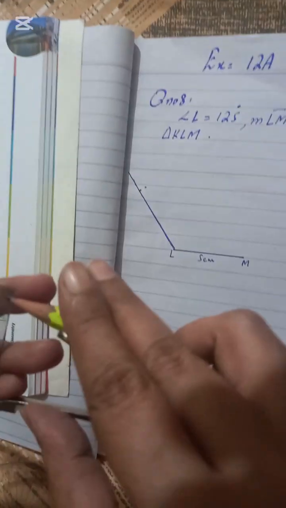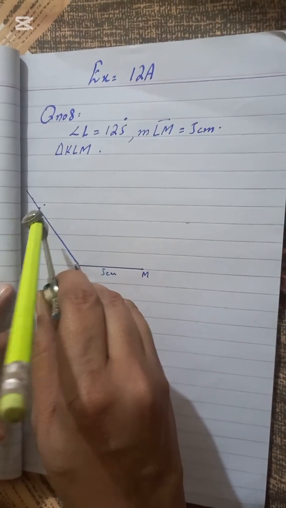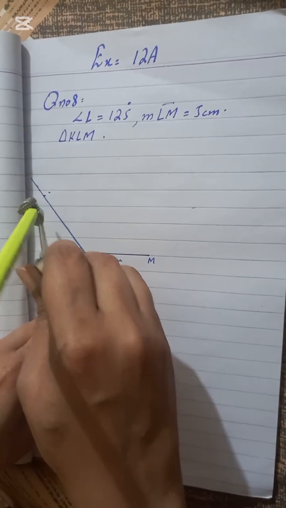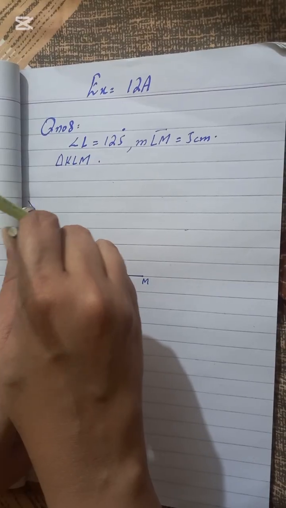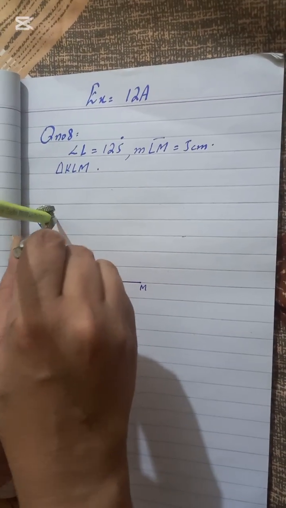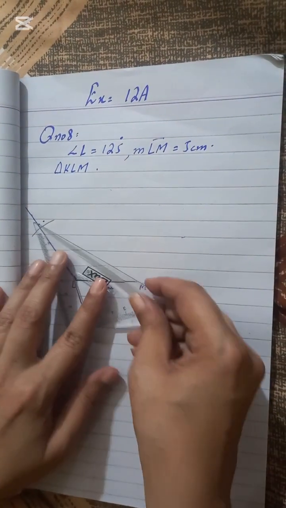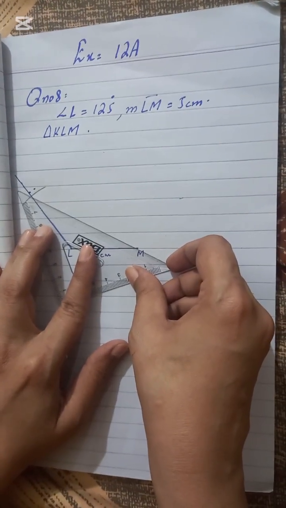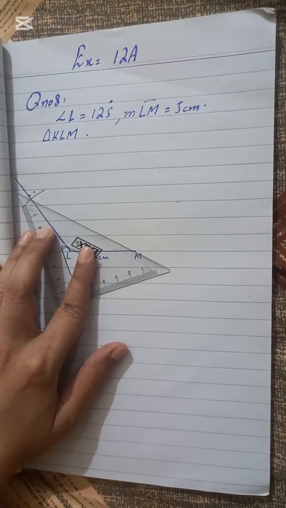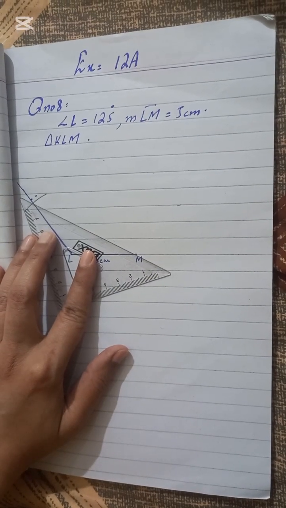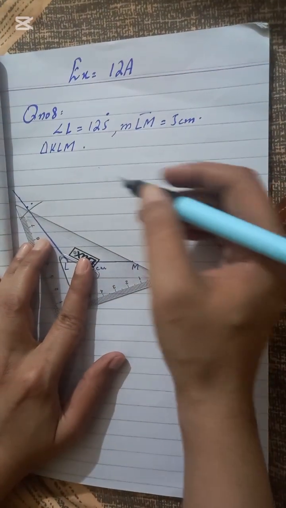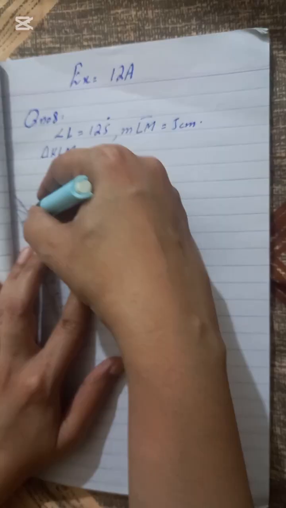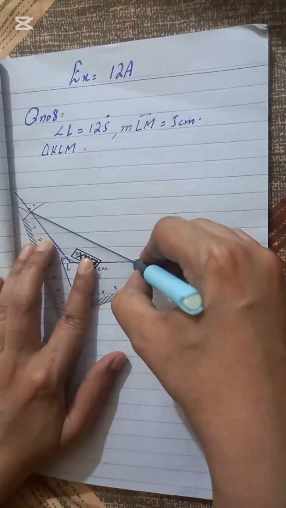Look, 5 centimeters. Then mark it on L and draw an arc of radius 5 centimeters. Then join it with this point, with M.